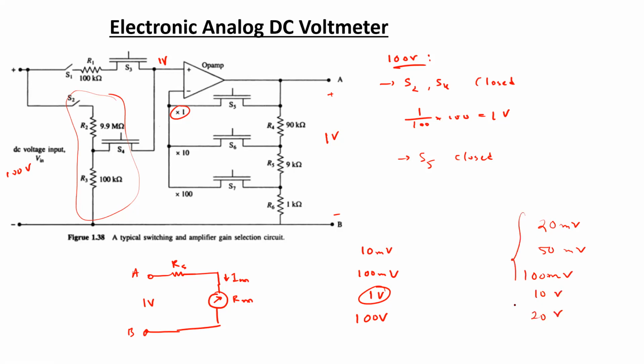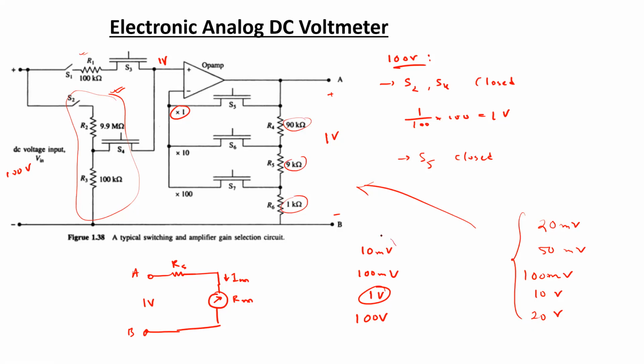So for these sorts of combinations as well, a similar circuit can be formed, and for obtaining these different input voltage ranges, it might be necessary to tune this resistance combination at the input side, or tune this resistance combination on the output side.